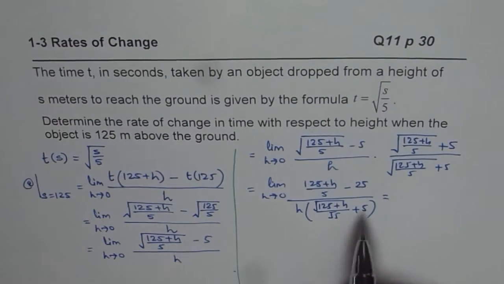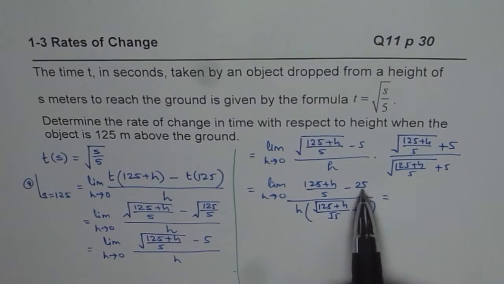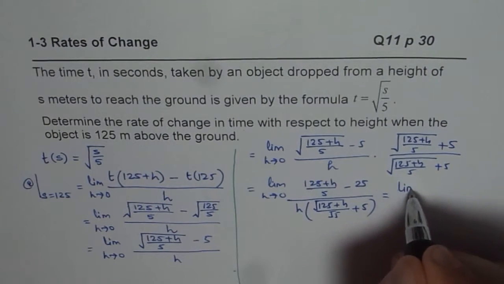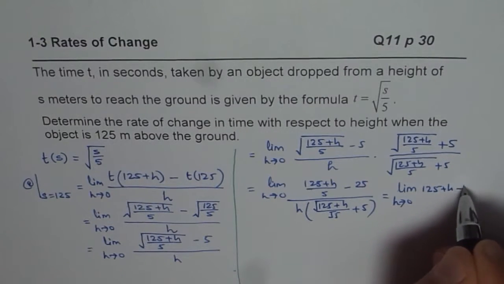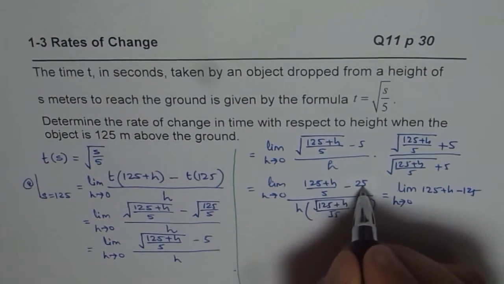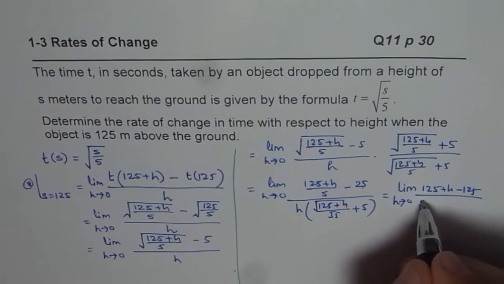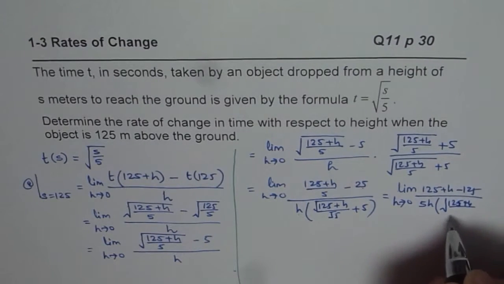Okay. Now in this expression, if I multiply by 5 here, I get 125, and I can bring this 5 down. So I could write it like this: limit h approaches 0 of (125 plus h minus 125), that is 5 times 25, correct? The 5 comes in the denominator, so I get 5h times (square root of (125 plus h) over 5, plus 5).